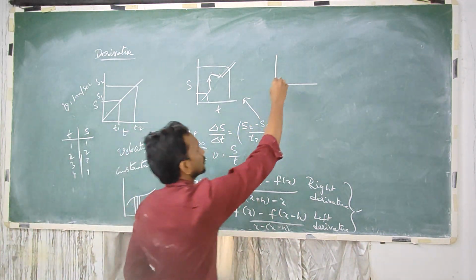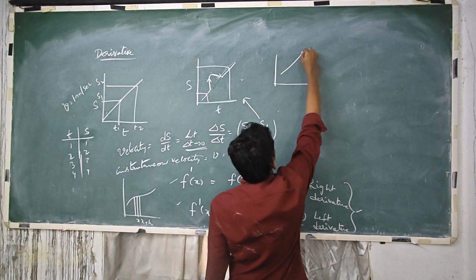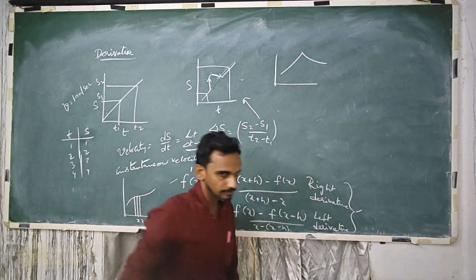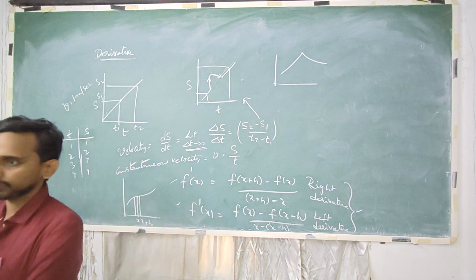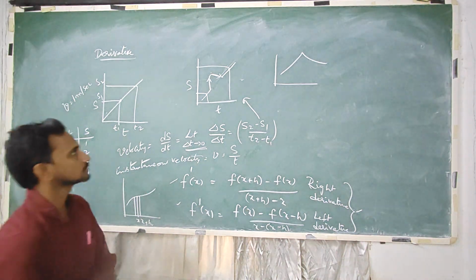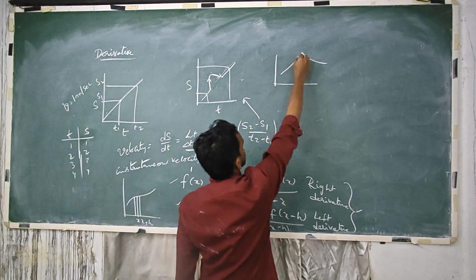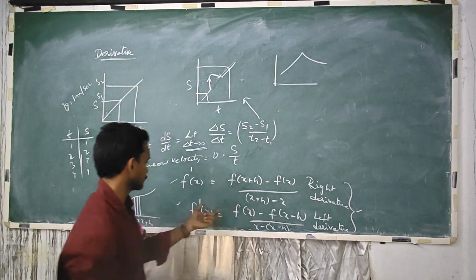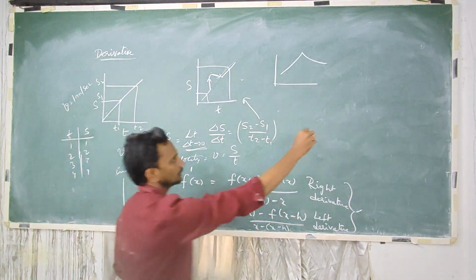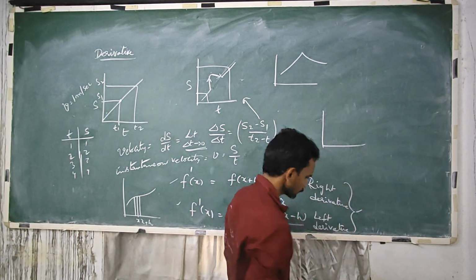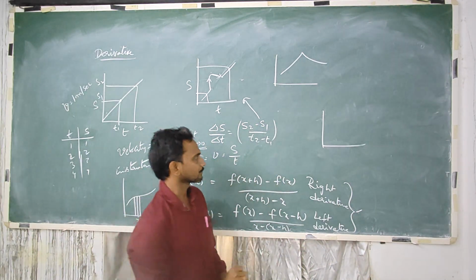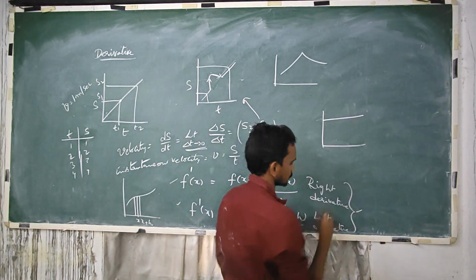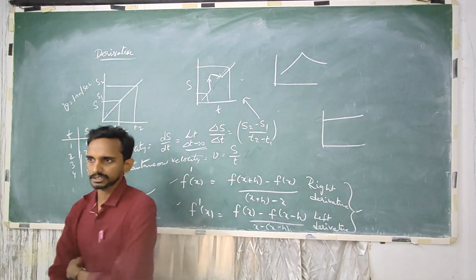So let's say you're given a function with a sharp change in the slope. So if you measure the slope at this point, first of all we'll see different forms of slope. Let's say the curve is parallel to x-axis. The given function is parallel to x-axis.